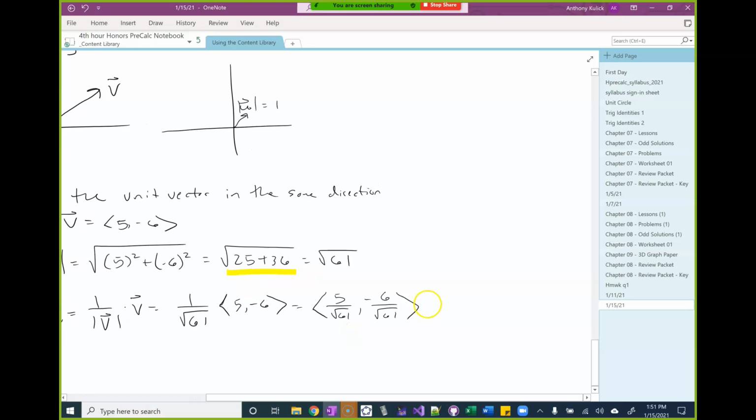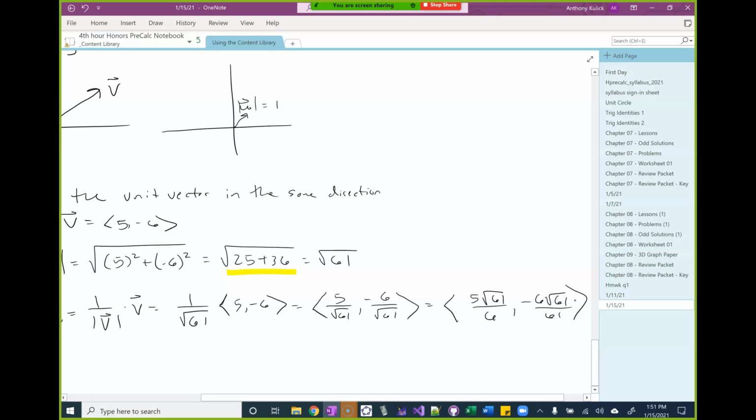And typically we don't like to leave those square roots in the denominator, so we'd rationalize the denominator there and write it that way. Do we feel okay there?